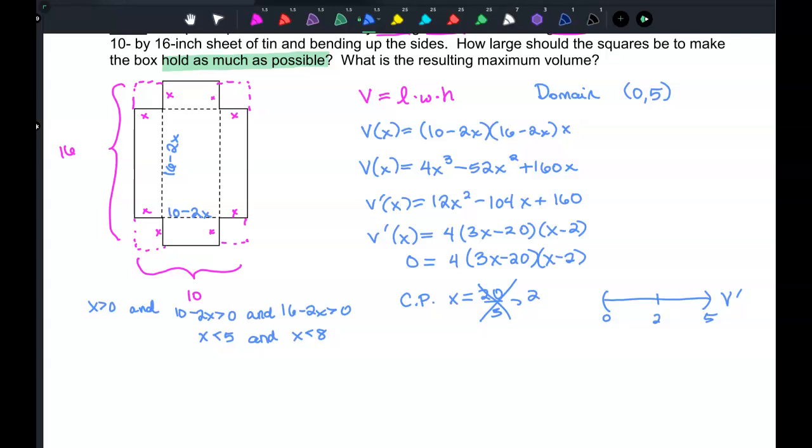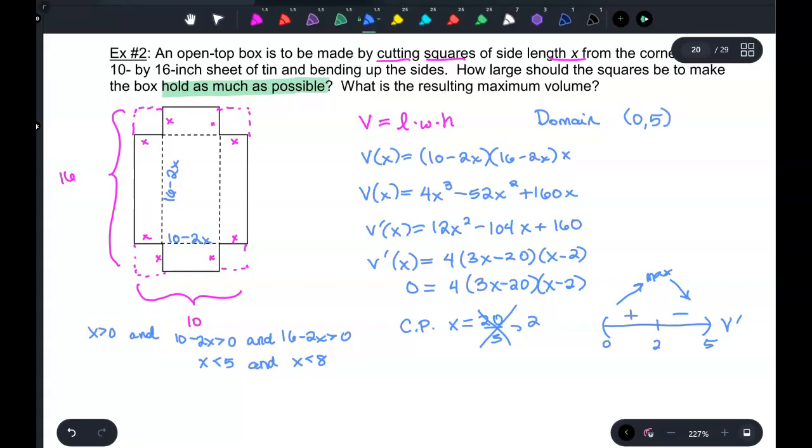If I plug in 1, I'll have negative times negative. And then plug in, let's say, 3. Negative, positive, so negative. So that confirms it with a quick number line. Notice I did not just plug in values like I did the previous one. Why? It's not a closed interval. When it's an open interval, then we can do the number line.